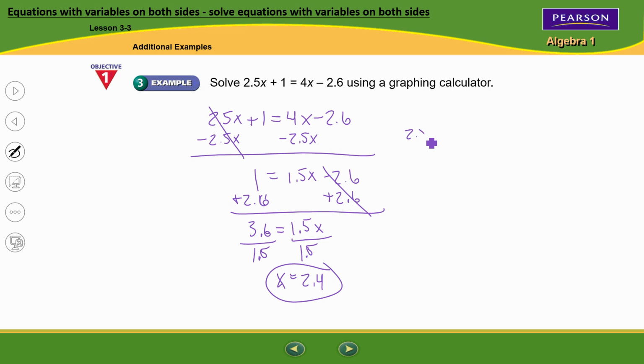So 2.5 times 2.4 plus 1, we want to see what that equals, and then 2.5 times 4 minus 2.6, we want to see what that equals. So 2.5 times 2.4 plus 1 is 7. 4 times 2.5.